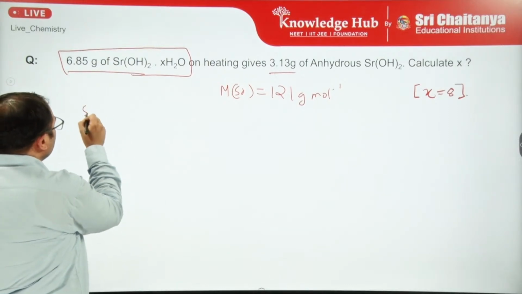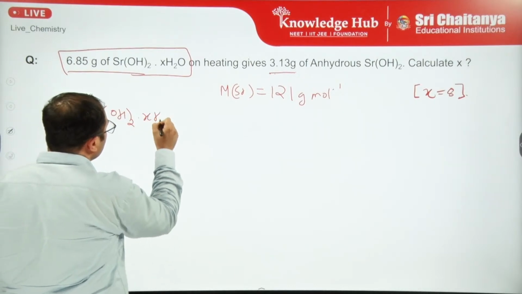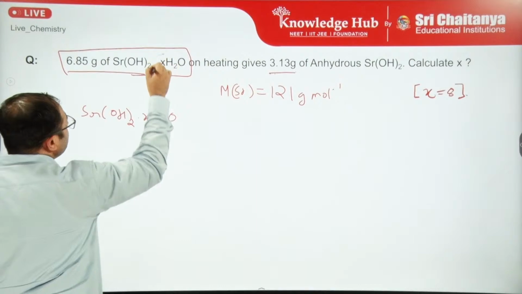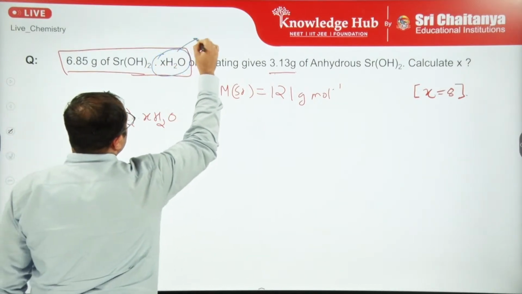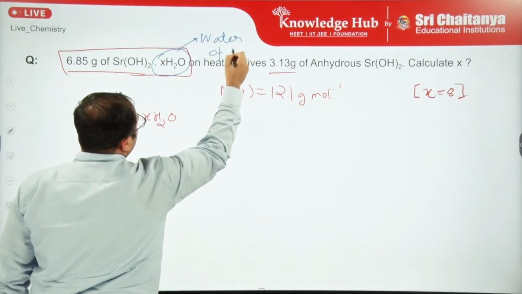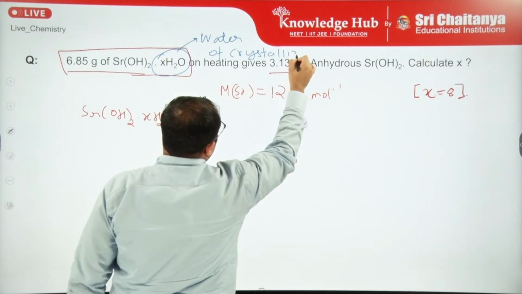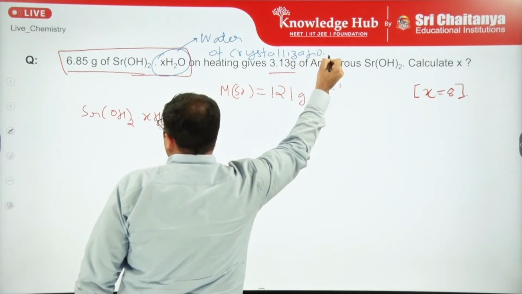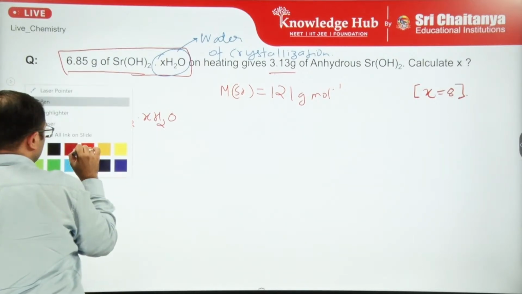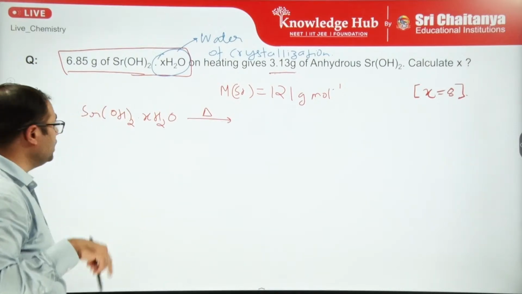So let us first write down the equation. You do understand, right? What is this? This is water of crystallization, right? So when you heat such a salt, what will happen? Yeah, the triangle means heat.